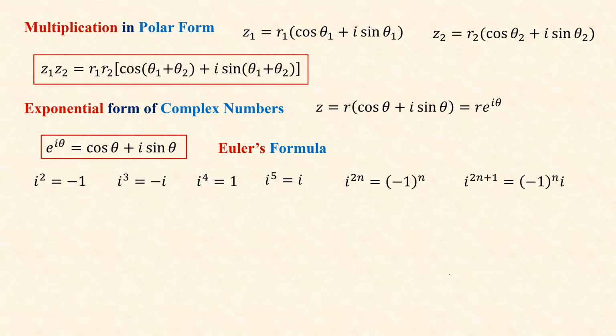All right, so these are all powers of i. If you raise i to an even power, it becomes a real number, either 1 or -1. If you raise it to an odd power, it becomes (-1) to the n times i, so it becomes an imaginary number, either i or -i.